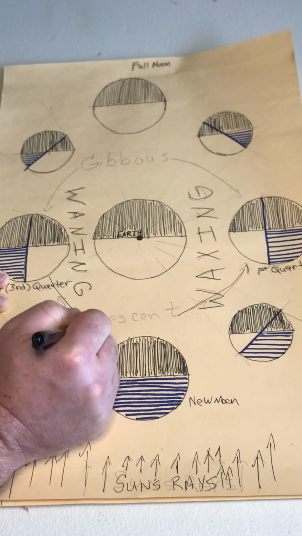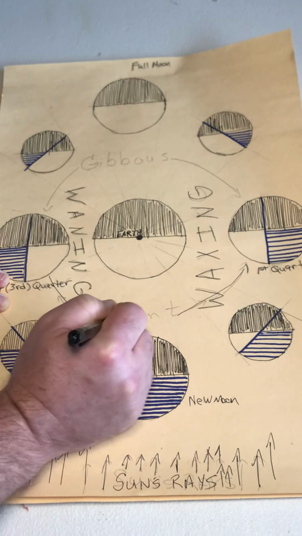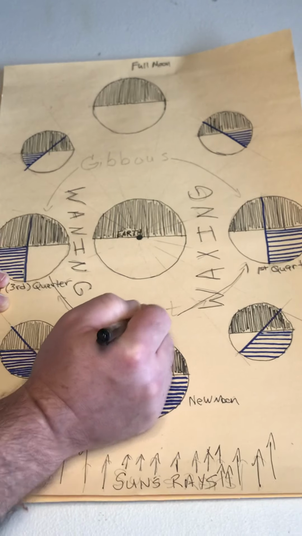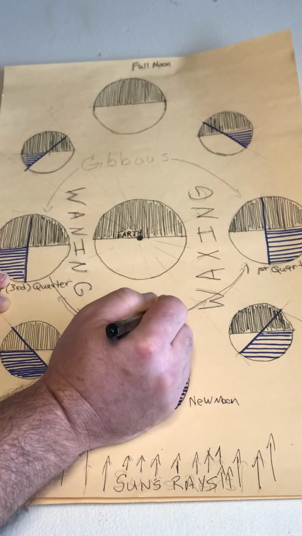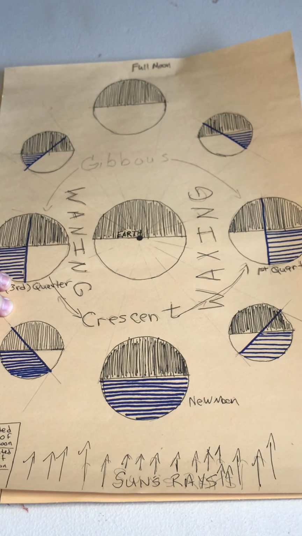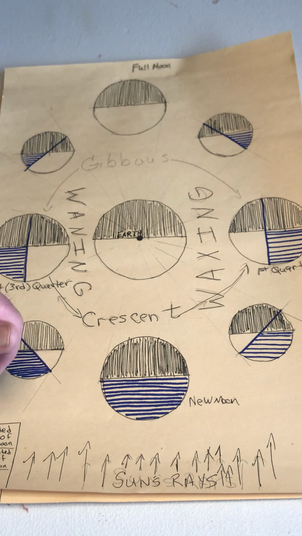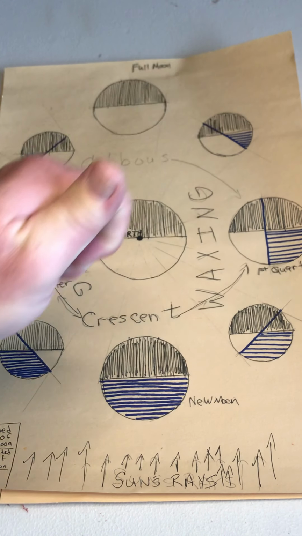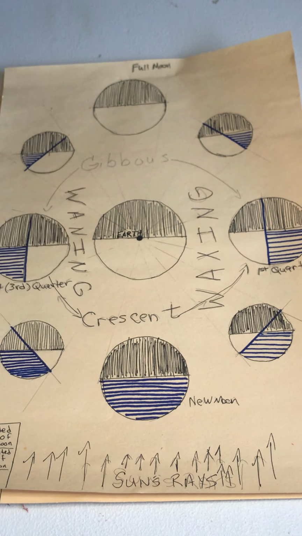And that whole phase is called, and I'm writing sideways, sorry about that, crescent. That is the crescent moon. That's the moons that give you either a Cheshire moon, named after the Cheshire cat, the smile that the Cheshire cat in Alice in Wonderland has, or a thumbnail moon, which would be over on the waning side, and if you look up there, it looks like a thumbnail.